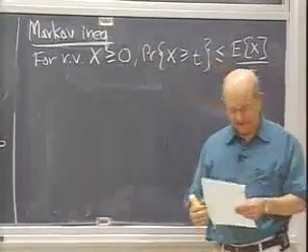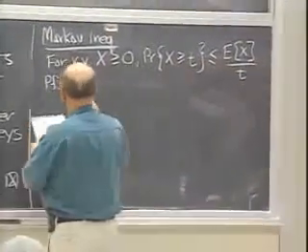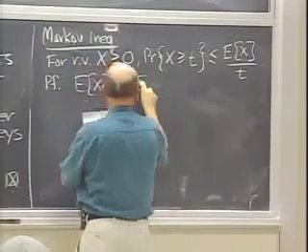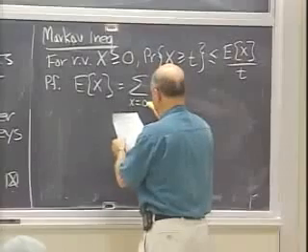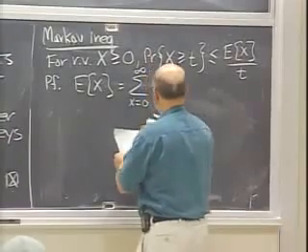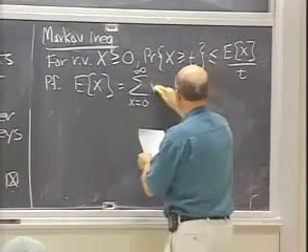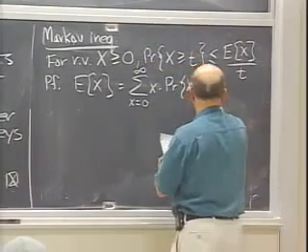Couldn't happen. The proof follows directly from the definition of expectation. I'm doing this for a discrete random variable. So the expectation by definition is the sum over little x from 0 to infinity of x times the probability that my random variable takes on the value x.